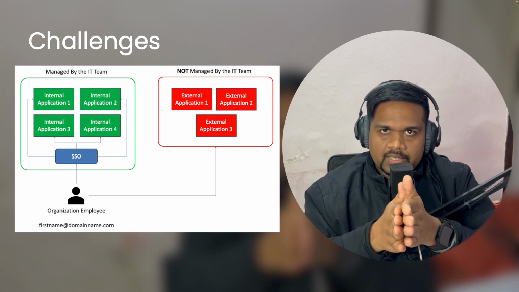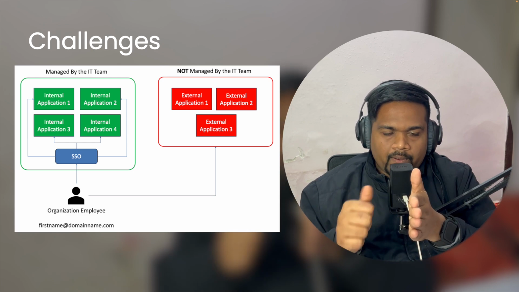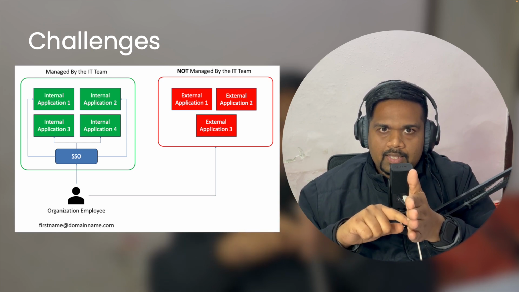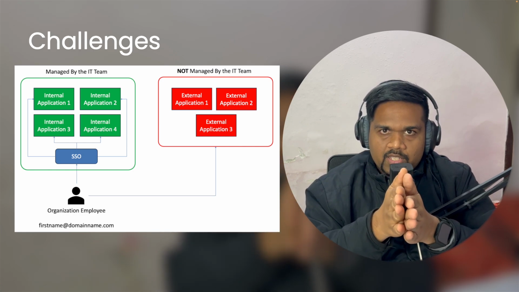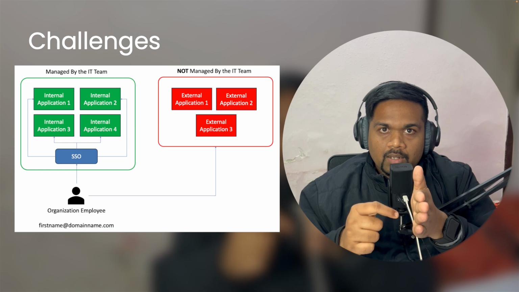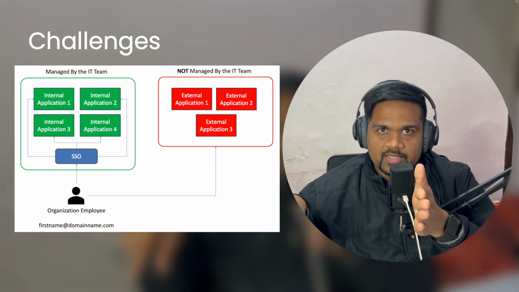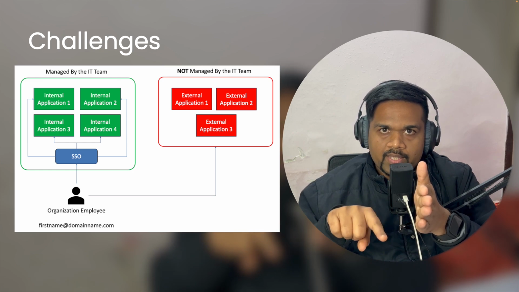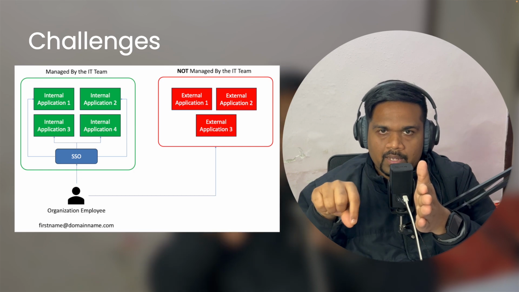They will block the sign in over there. Okay, that is fine. Now the IT team is blocking all the in-house applications from the SSO level. Good. But the user can still access those 3 applications I mentioned, without SSO. Applications 1, 2 and 3, with only his username and password, right?